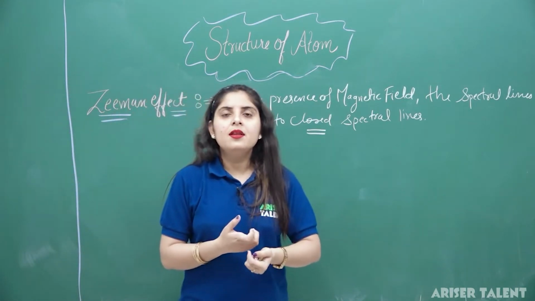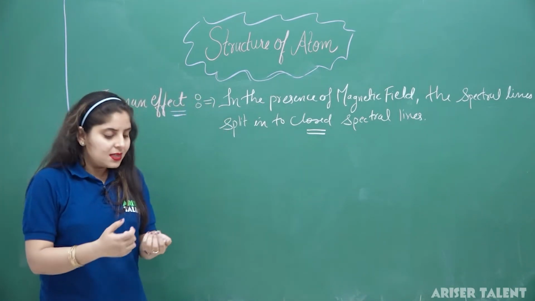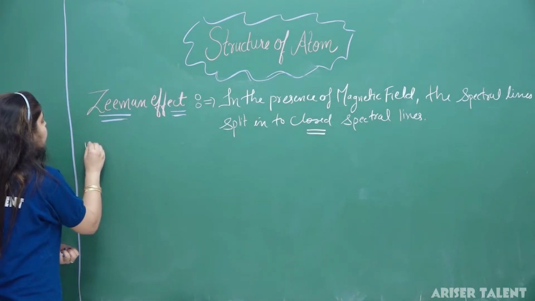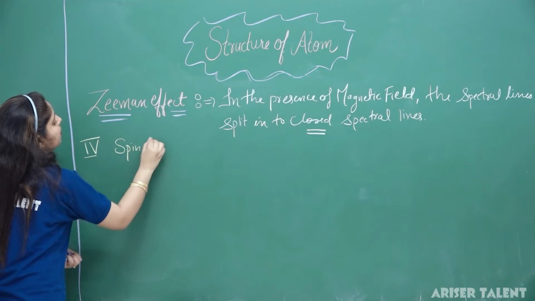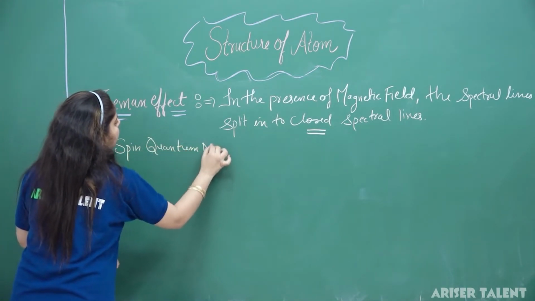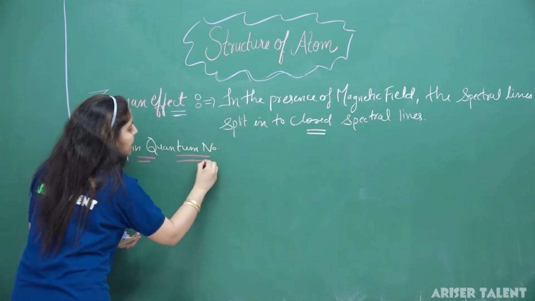So this is the Zeeman effect, and this conclusion is given for the magnetic quantum numbers by Zeeman. Now we are proceeding to our last set of quantum numbers, that is the spin quantum number, and it is our fourth quantum number. The fourth quantum number is the spin quantum number. What will the spin quantum number specify?